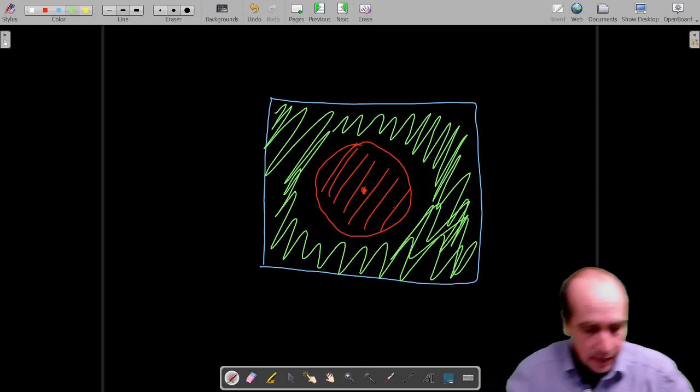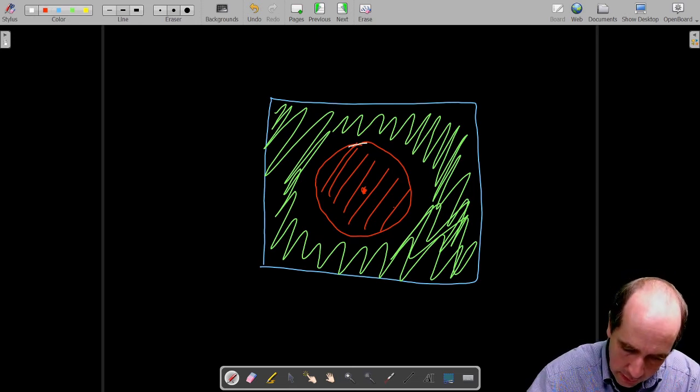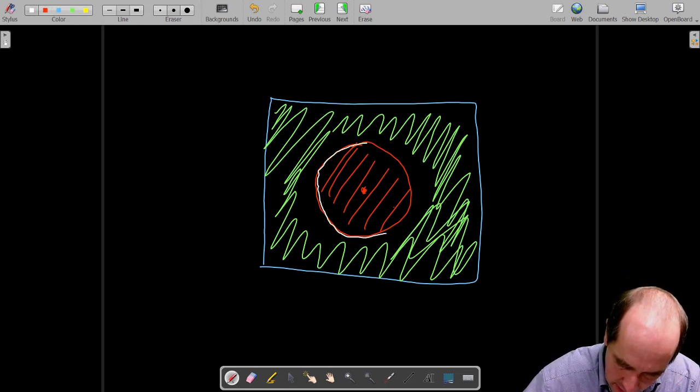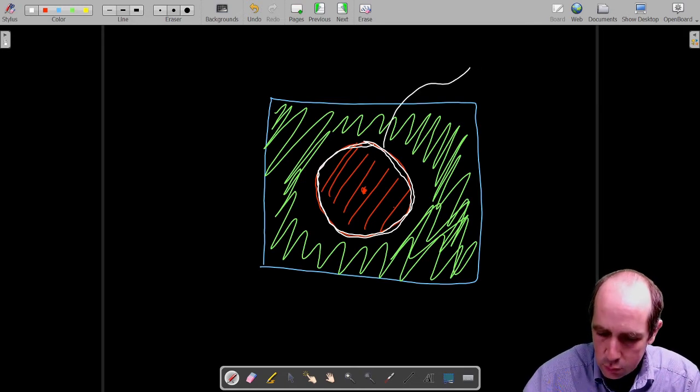So this curve here that I'm putting, that separates the populated from the unpopulated K vectors, is what we call the Fermi surface.